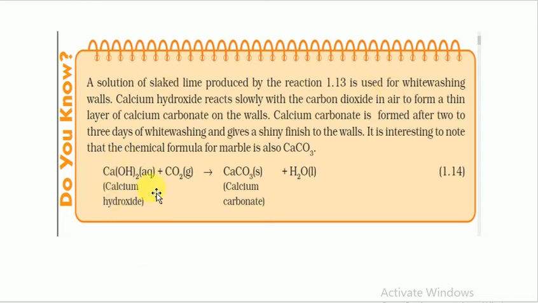Calcium hydroxide is used to whitewash the walls. After whitewashing, it reacts with carbon dioxide present in the air and forms a calcium carbonate layer on the wall, which gives a shiny finish to the walls. You should also note that the formula of marble is also calcium carbonate, CaCO3.